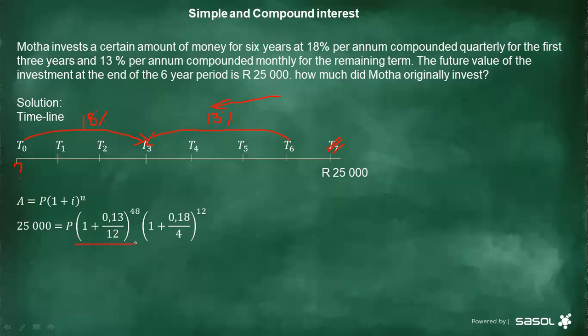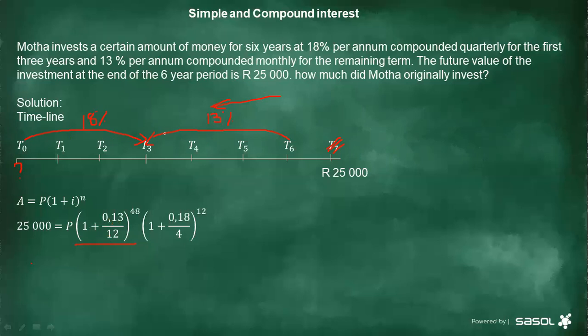Now, let me start explaining this first bracket so that we can understand what happened. We say 1 plus, and since we calculate from right to left, it's 1 plus 0.13, which is this interest rate of 13%, over 12.